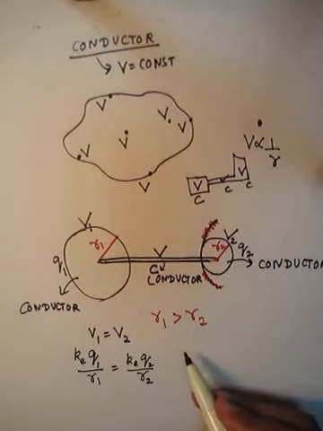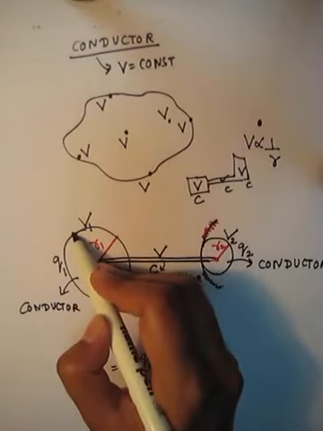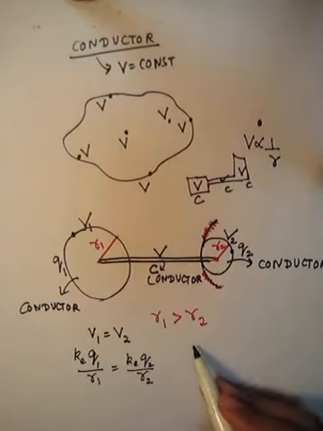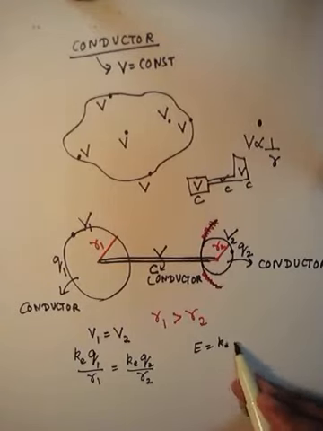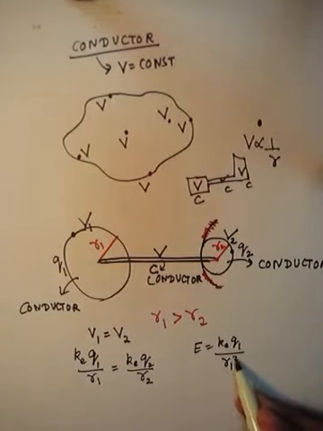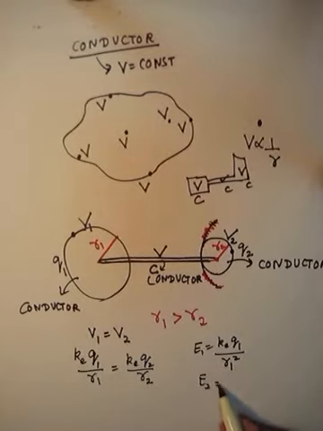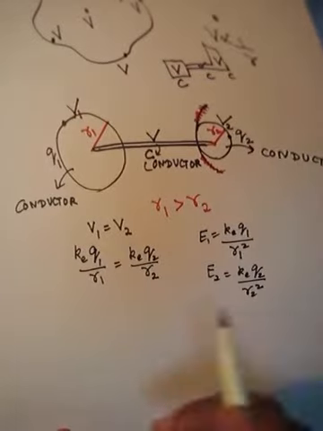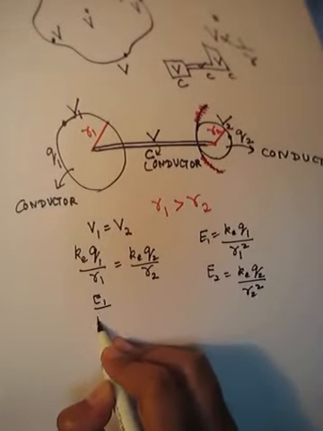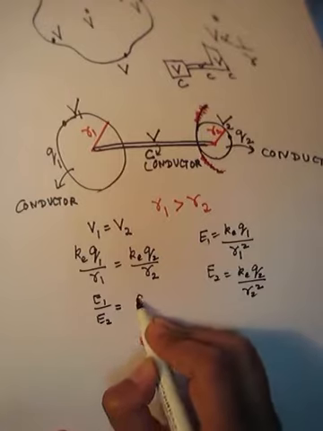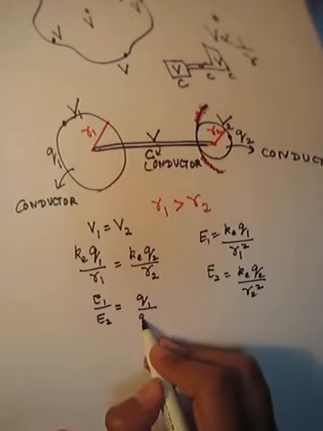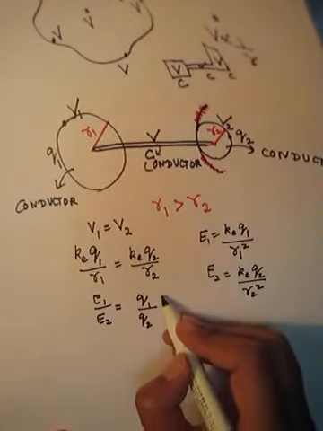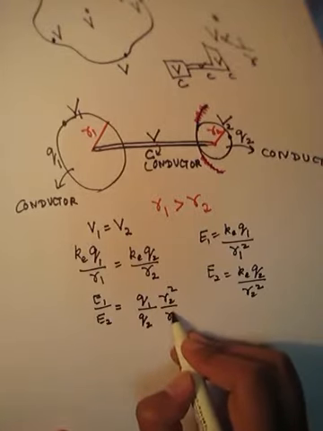While you can also find out what is the electric field at this point and the electric field at this point. Now electric field E1 is given by KeQ1 upon R1 square, and E2 will be KeQ2 upon R2 square. So E1 upon E2 will be equal to Q1 upon Q2 times R2 squared upon R1 squared.